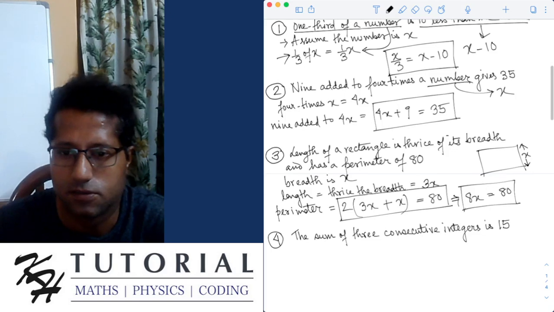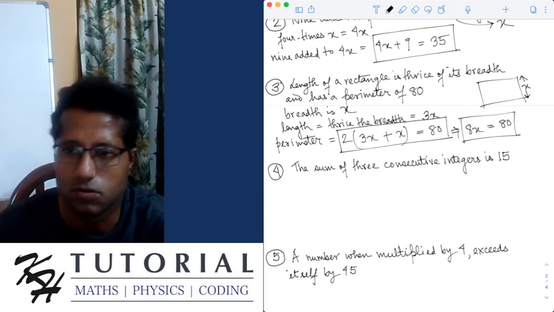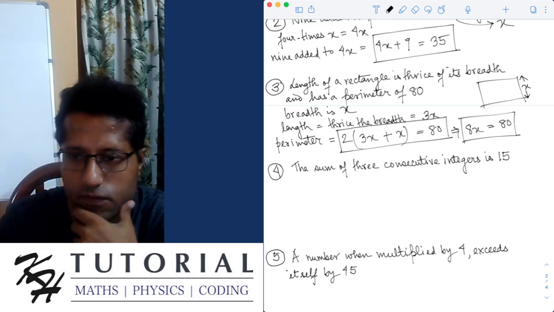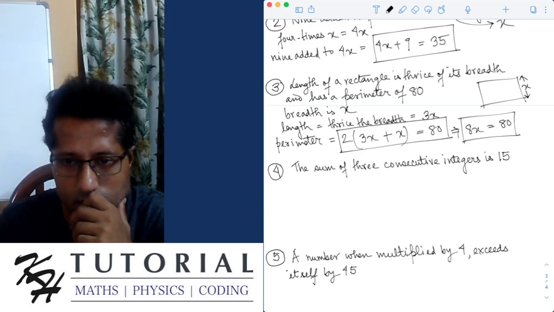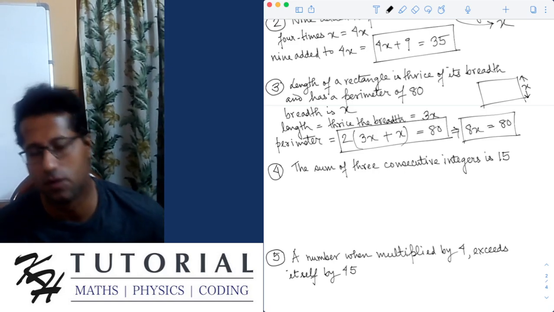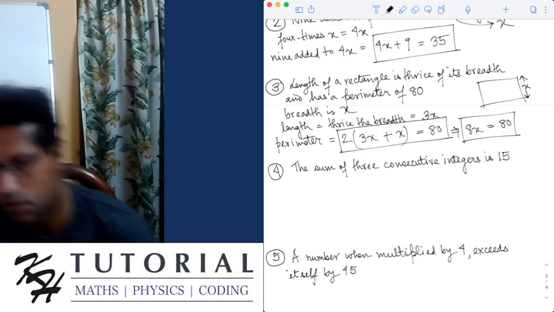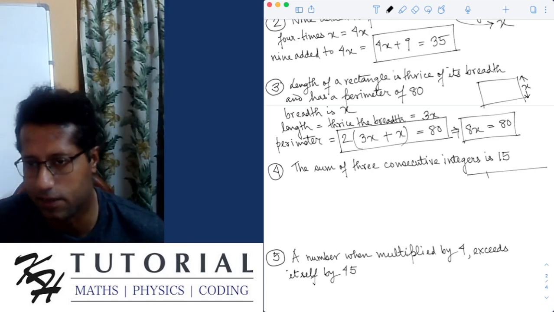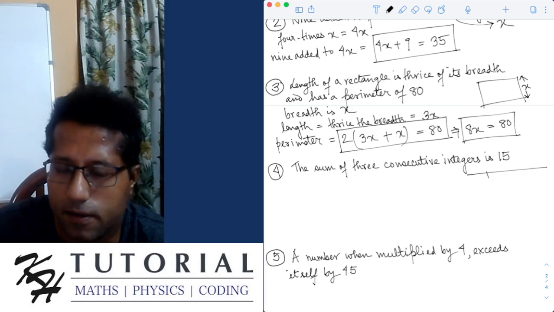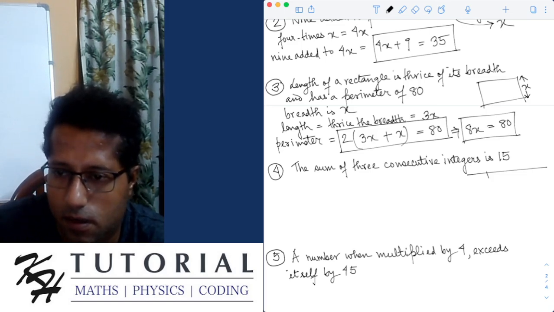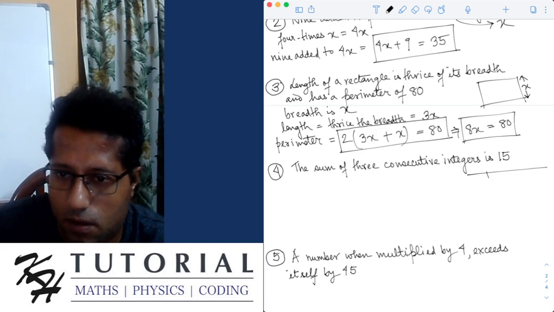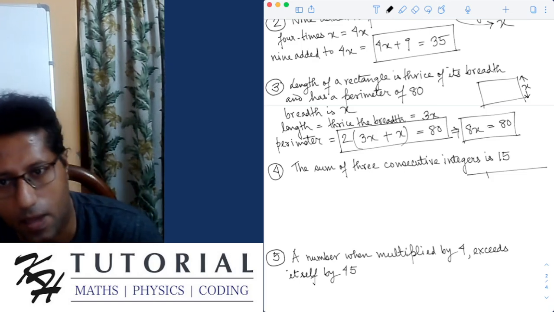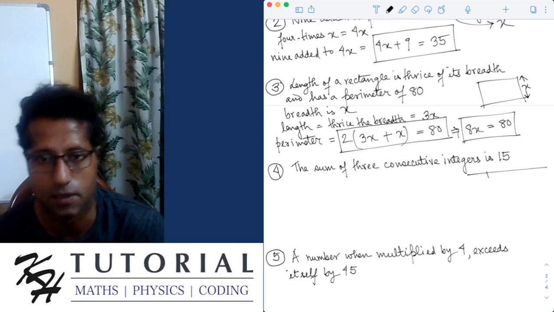Okay, let's see problem number 4. The sum of 3 consecutive integers is 15. So we know that for any 3 consecutive integers, if you know the number line, 3 consecutive integers means the second one will be one more than the first one, and the third integer will be one more than the second one.